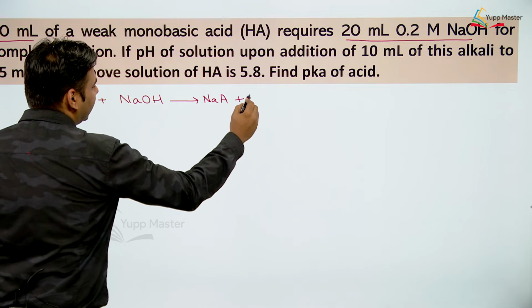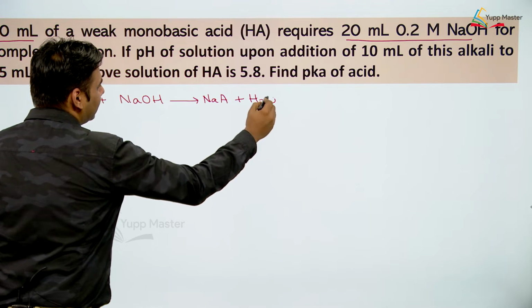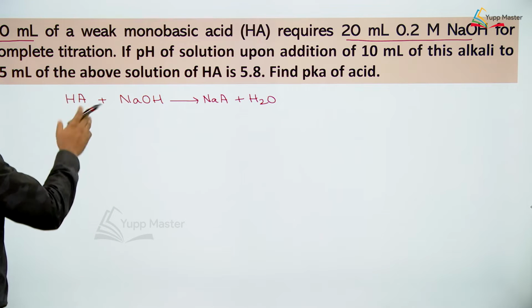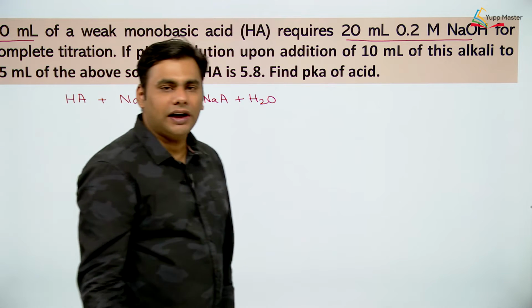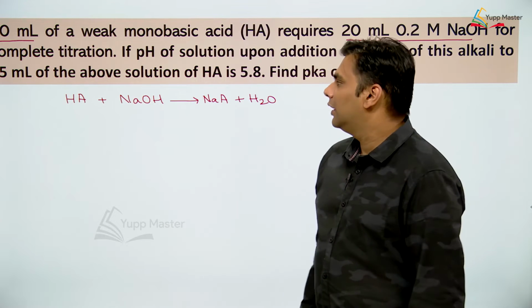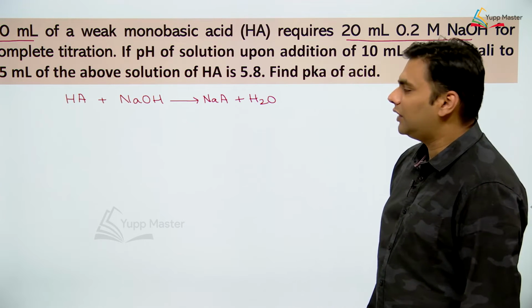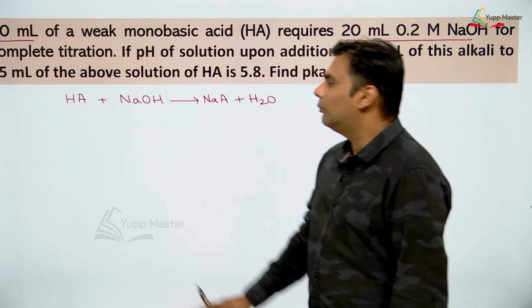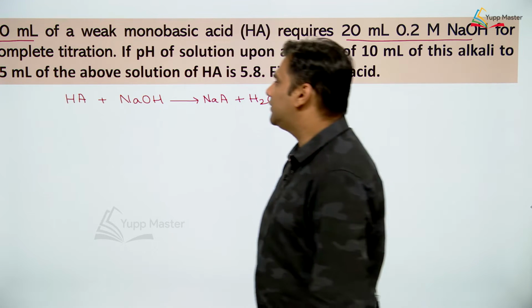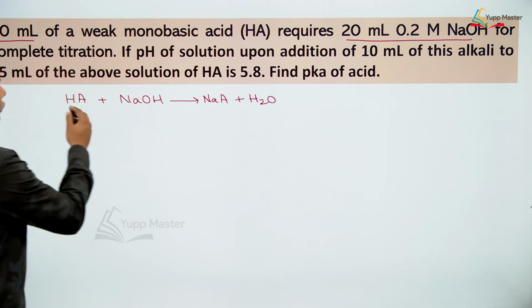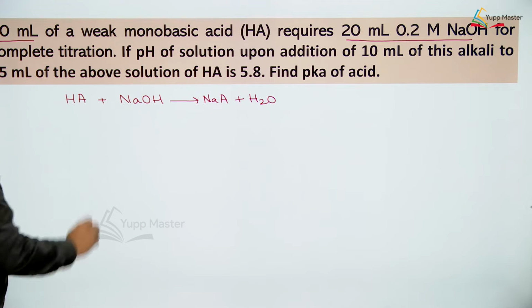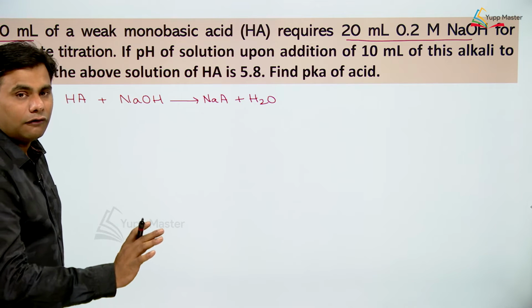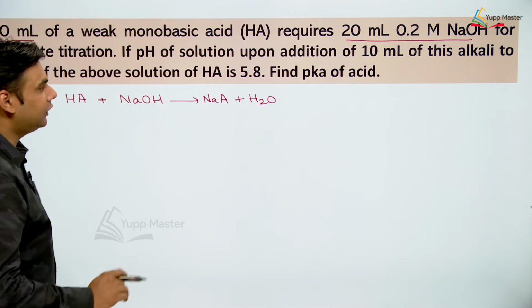Now when it says that it is undergoing a complete titration, that means both HA and NaOH are getting consumed completely. Now we know that 1 mole of HA is reacting with 1 mole of NaOH because this is a monobasic acid. So we can say that number of moles of HA and number of moles of NaOH should be equal for the complete neutralization to happen.